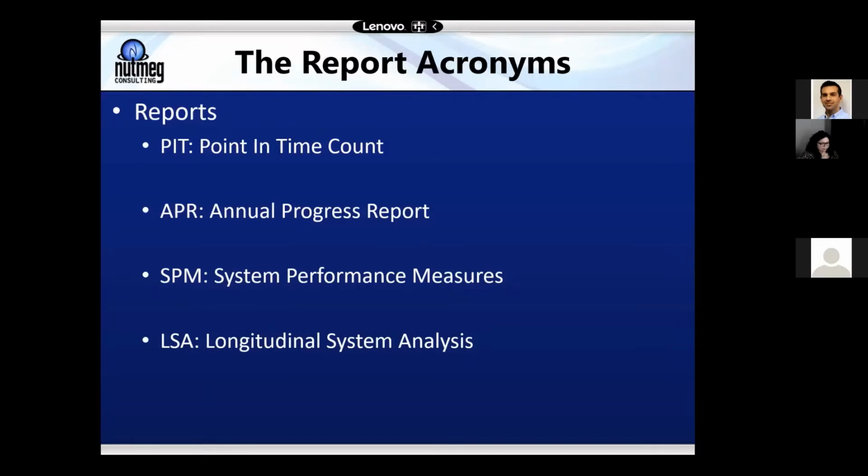But otherwise, on a regular routine basis, you're really not directly dealing with these two reports, but the data you're putting into the system is impacting these two reports the same way it impacts your APR. And that's really what we're going to talk about today, is how the data cascades through the system to impact these categories above and beyond your agency use, but all the way up to the federal submission.